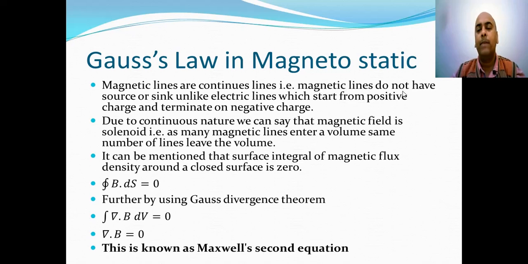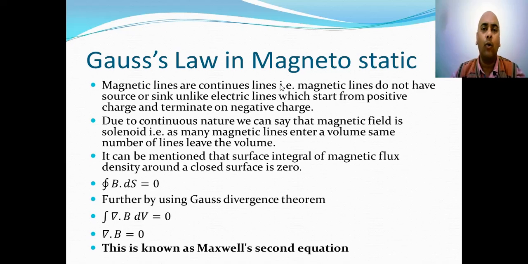That is, magnetic lines do not have source or sink, unlike electrical lines. Electrical lines start from positive charge and terminate on negative charge or on infinity. However, magnetic lines do not start or end at some point.